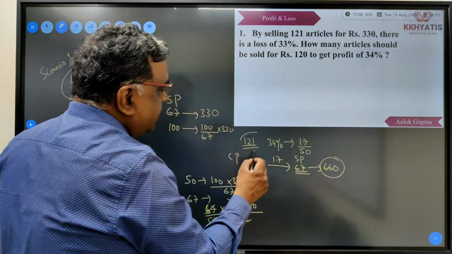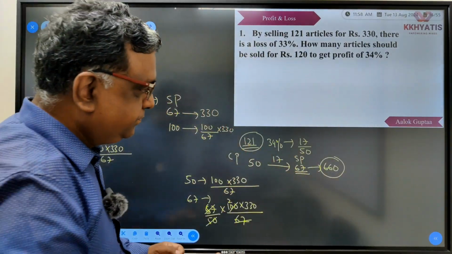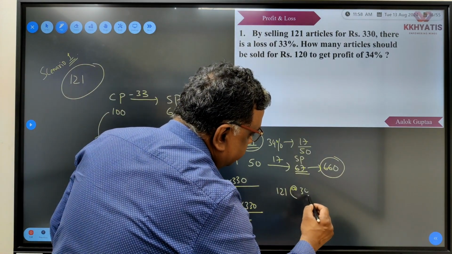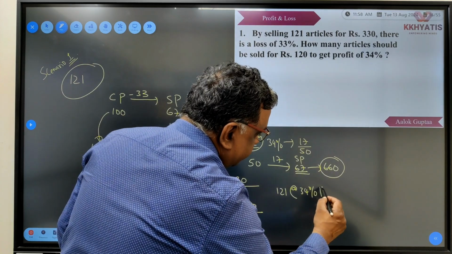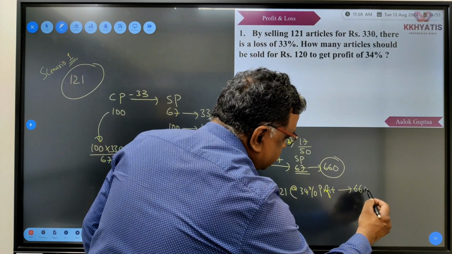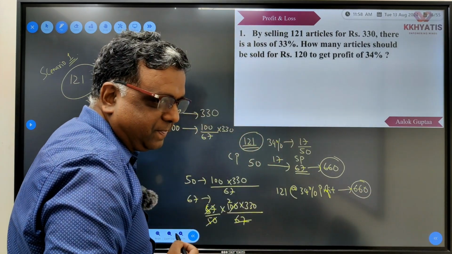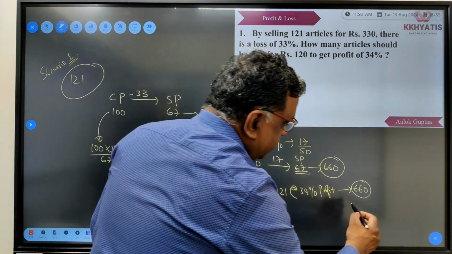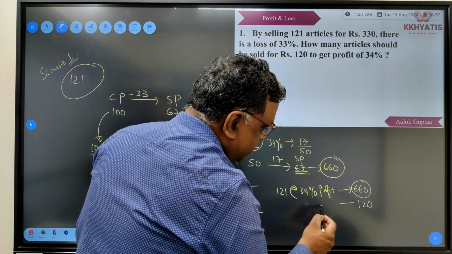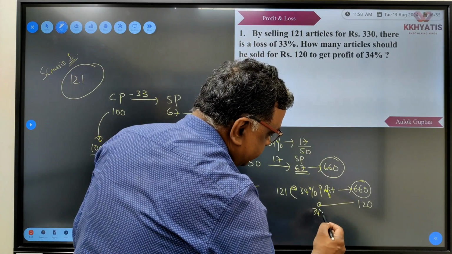Which means if I am selling 121 articles at 34% profit, my selling price is 660. They have asked me how many articles I should sell for 120 at 34% profit.